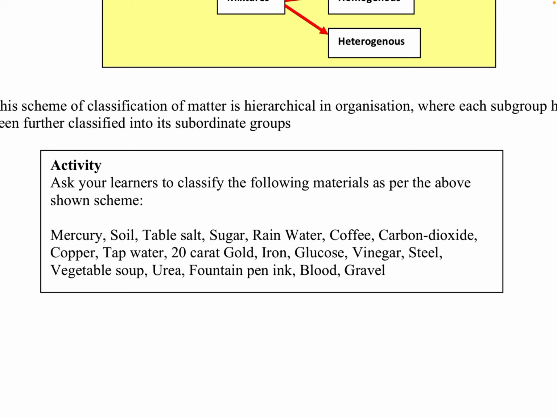Salt, table salt, sugar, rainwater, coffee, carbon dioxide, copper, tap water, 20 karat gold, iron, glucose, vinegar, steel, vegetable soup, urea, fountain pen ink, blood, gravel, like this.